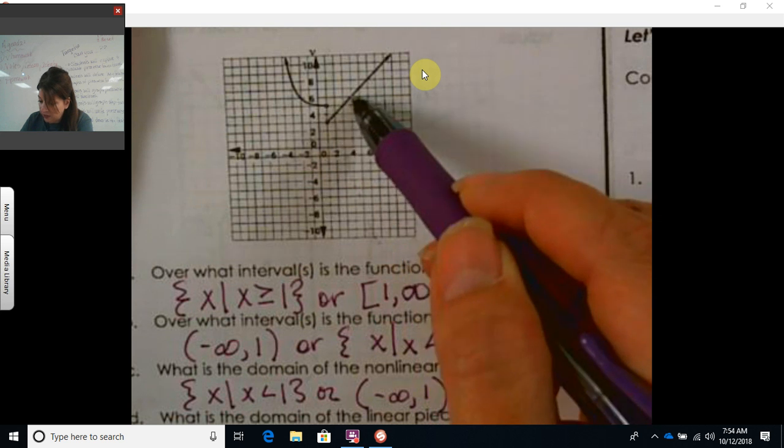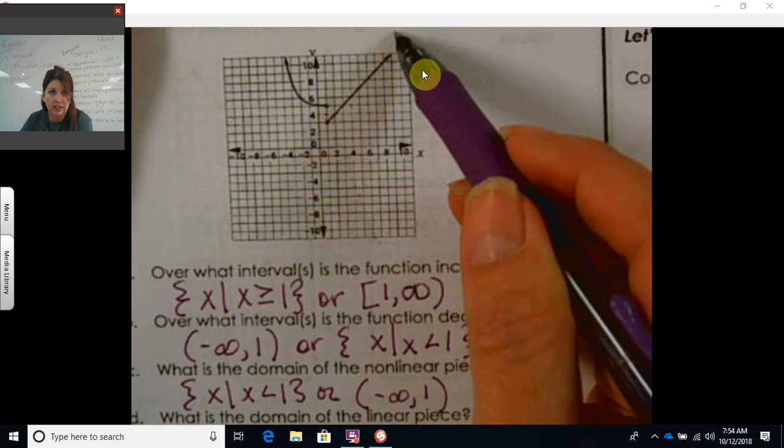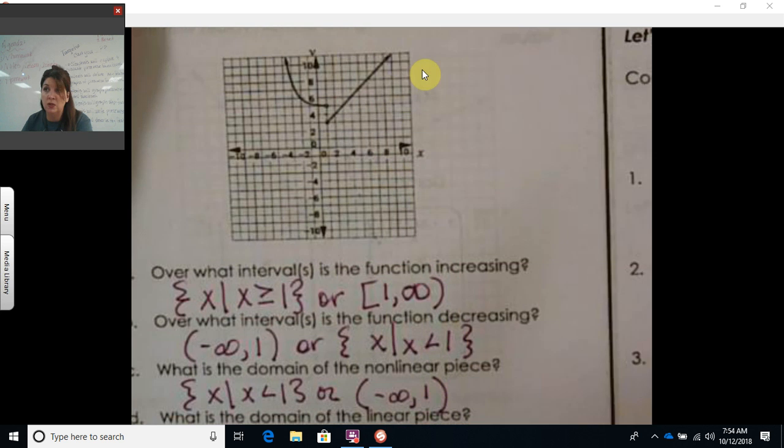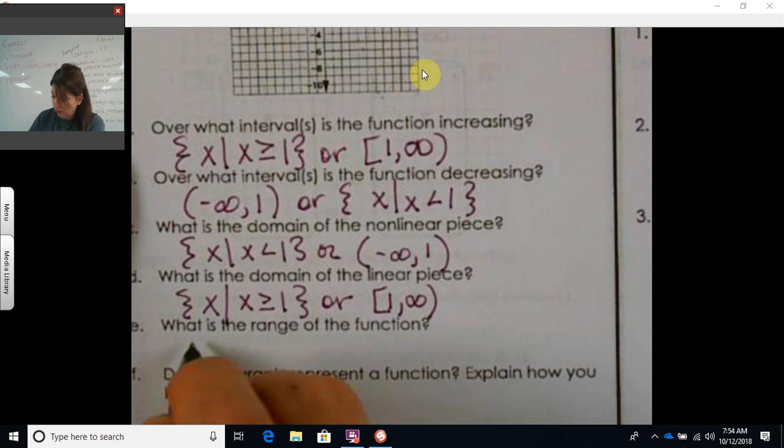Yeah, I've got 2 of them. How about 7, 8, a million, 2 million, a trillion? So what's the lowest y value I have? 3, all the way up to positive infinity, right? So I would say 3, including 3, all the way to positive infinity.